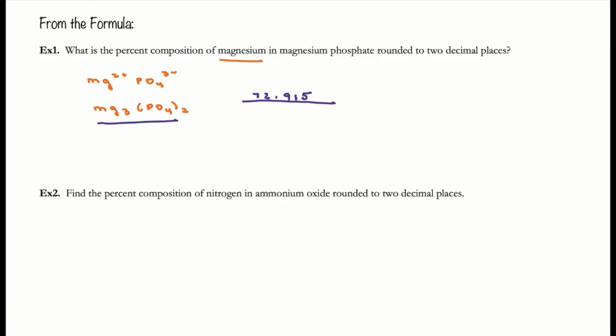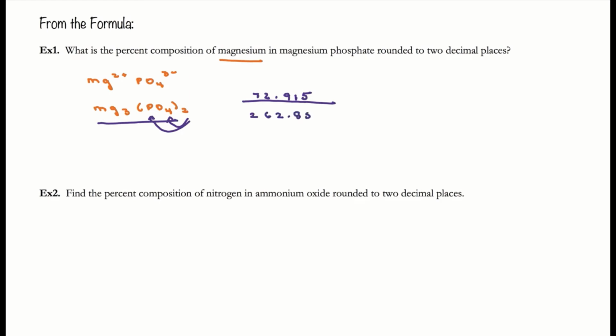So I'm going to take that 72.915, and add to that the molar mass of phosphorus, which is 30.974. I need to make sure to multiply by 2, though. Then I'm going to add the molar mass of oxygen, 15.999, and multiply that by 8, because I have 8 oxygens here.